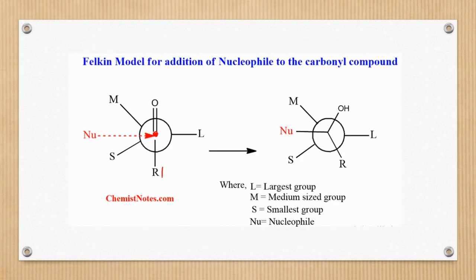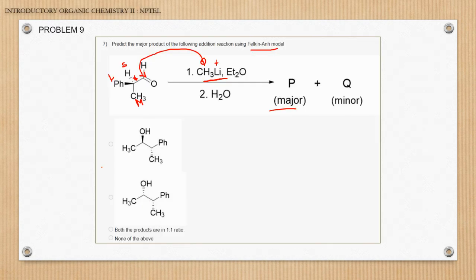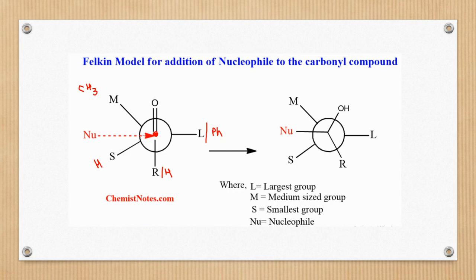So now we have figured out that phenyl is the large group in our case, medium is the methyl group, and small is the hydrogen group. Now you have to arrange these substituents like this in the Newman projection. Why? Because there is a concept behind it.